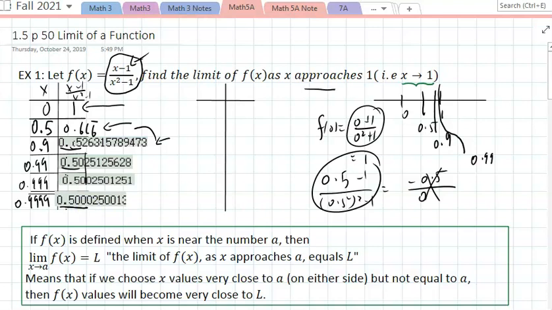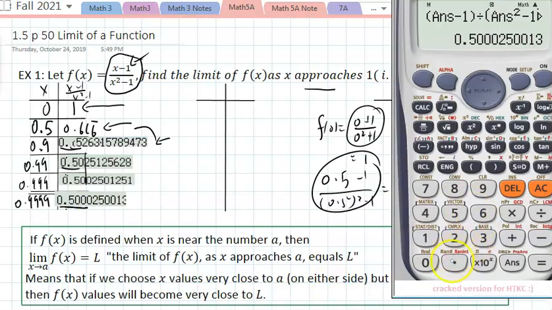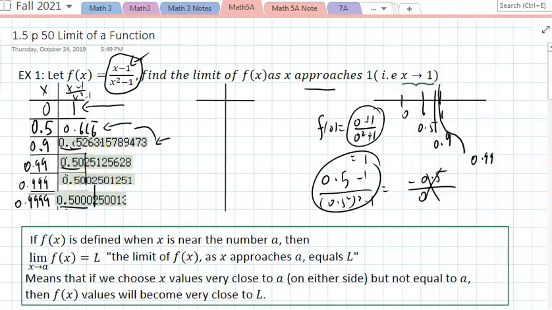What do you think will happen if I pick 0.99999? I'm getting 0.50000. Now it's accurate to 4 decimals.